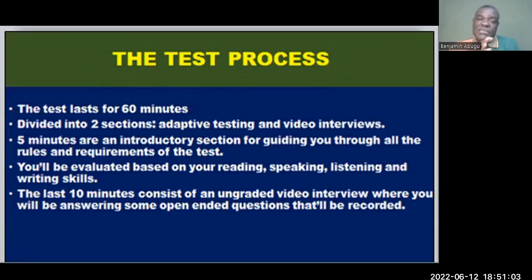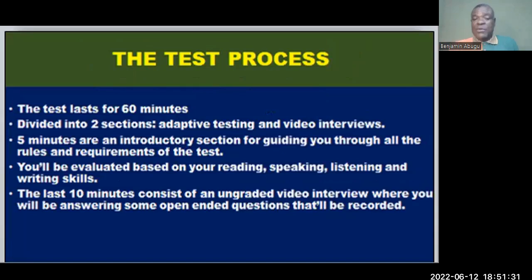Then the process, the test process. The test lasts for 1 hour. That's 60 minutes, as I earlier mentioned. And this is divided into 2 sections, the adaptive testing and the video interviews. 5 minutes are allowed for introduction and onboarding to guide you through all the rules and requirements of the test.